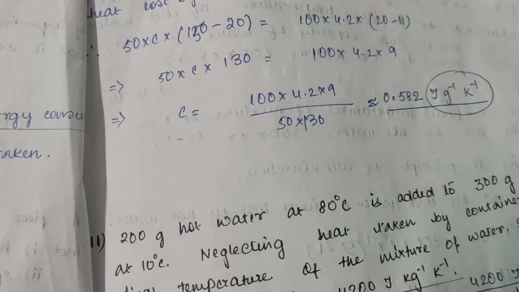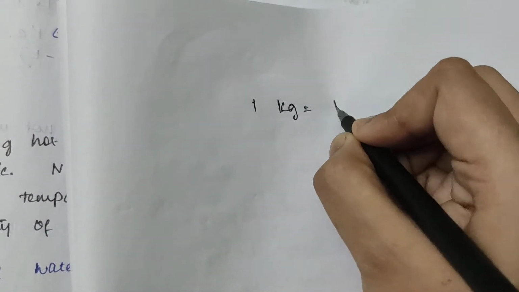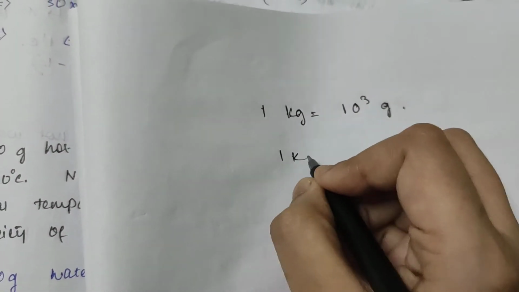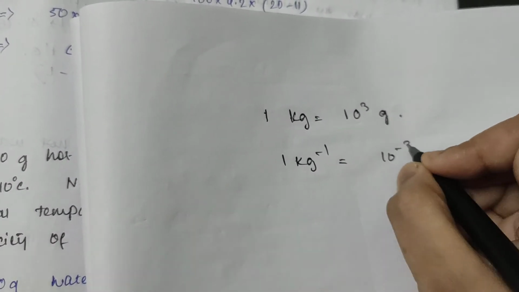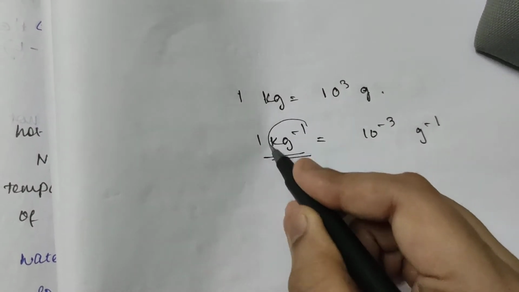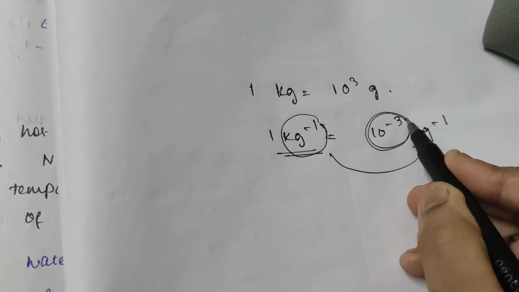How do we convert that? We know 1 kg equals 10 to the power 3 gram. So 1 kg inverse will be 10 to the power minus 3 gram inverse, isn't it? So if I have to convert kg inverse to gram inverse, multiply by 10 to the minus 3.